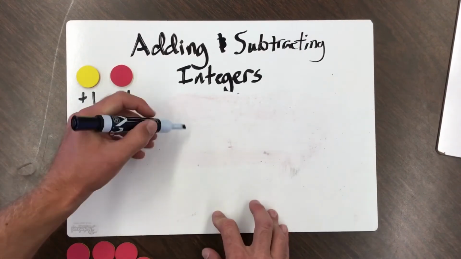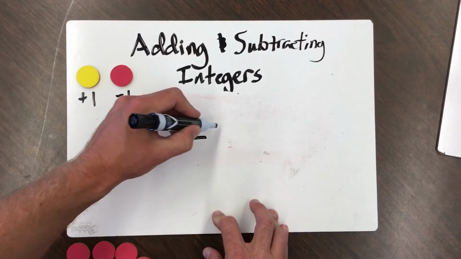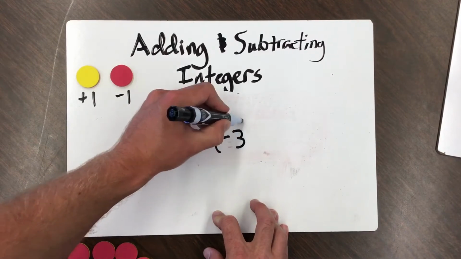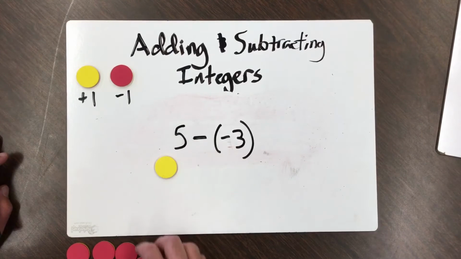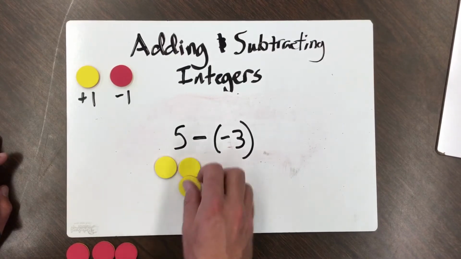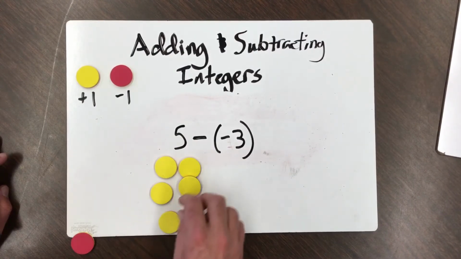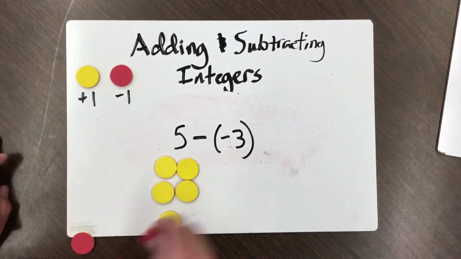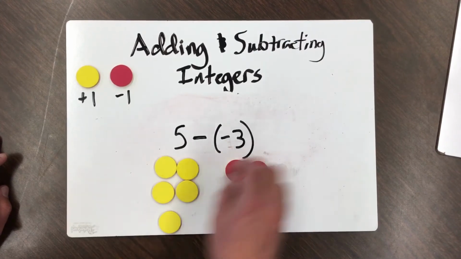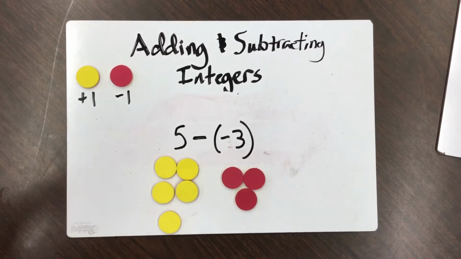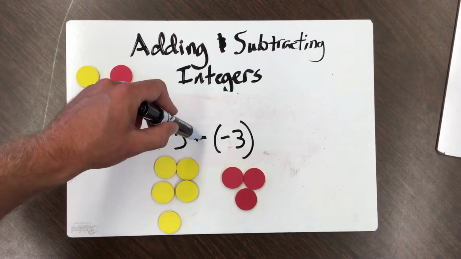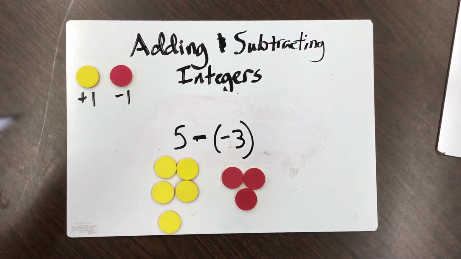All right. Now, let's make things really confusing. Let's say we have 5 minus -3. Okay. So what we're going to do is start off with 5 positive ones, so 5 yellows, just like that. All right, then -3 means that I have to have them be 3 reds, but here's the catch. This negative sign means do the opposite.